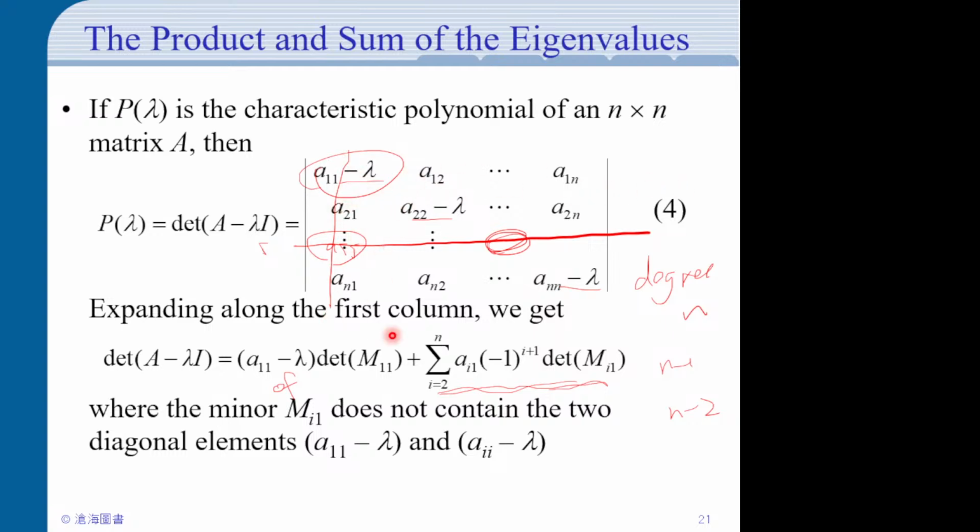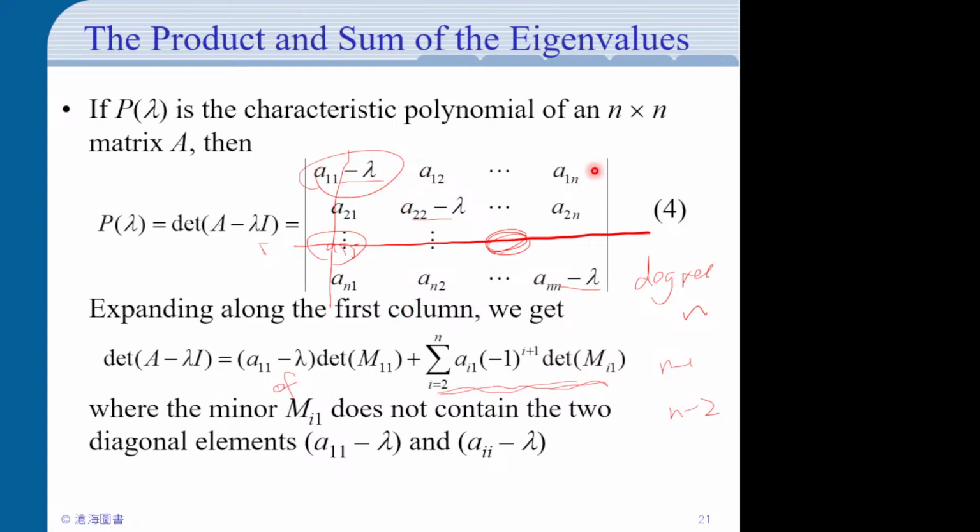And then by our analysis, all other terms get rid of two factors of lambda, and so all other terms will have degree at most n minus 2, so they will not be degree n or degree n minus 1. Okay, and then you keep going, and you expand the determinant of M11, which is expanding on this submatrix.